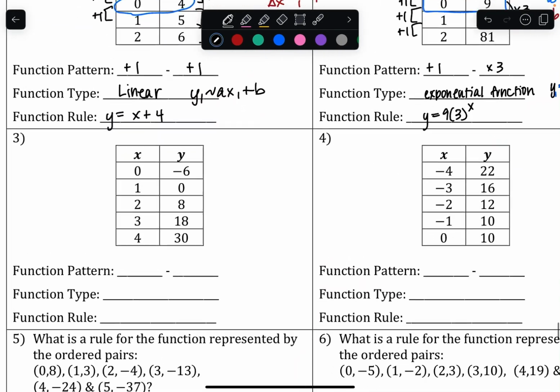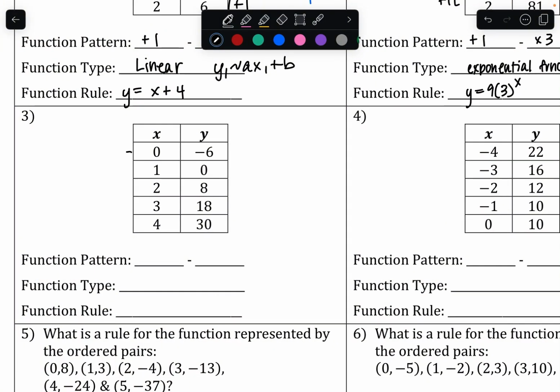All right, looking at number 3, my x's are going up by 1 each time. And my y's, it looks like we added 6, and then we added 8, and then we added 10, and then we added 12. Okay, and so obviously it's not multiplying by a common number, it's not adding a constant, but if I go to my second difference, the second difference is the difference of the differences.